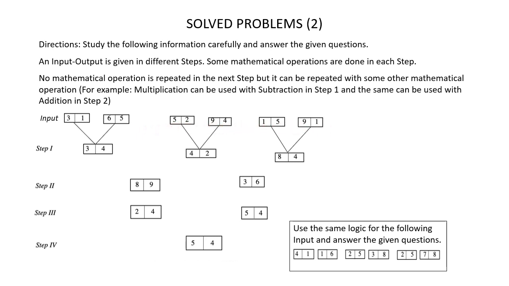Now here you are given another input which consists of 6 numbers where each number is written inside a box and each number is split into its respective digits. So here first you have to find the pattern followed from the input given in this question to get the final output, and then use the same pattern on this given input and find the appropriate steps from the input to the final output and then answer the given questions.